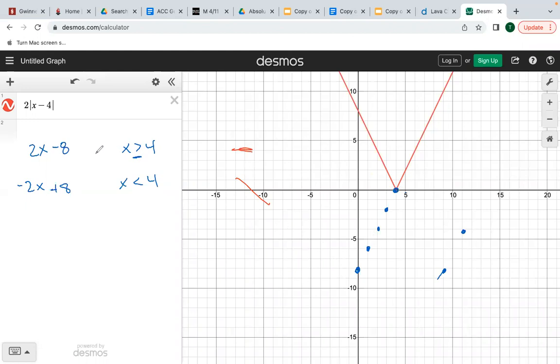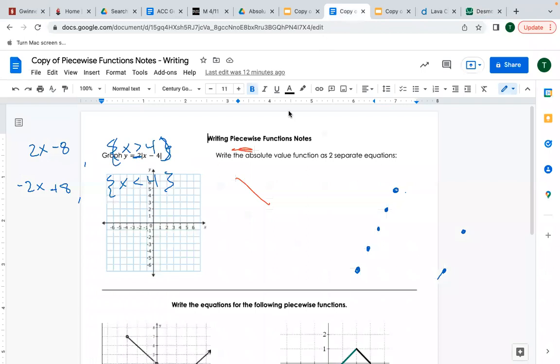Now, one thing that you want to make sure that you do is you always want to put this in little brackets. Sometimes you'll see them as brackets, sometimes as parentheses. This is stating your domain, essentially. It's saying x is greater than or equal to 4, x is less than 4. Coming back over here, you would plot this on your graph, and then you would write out this equation.